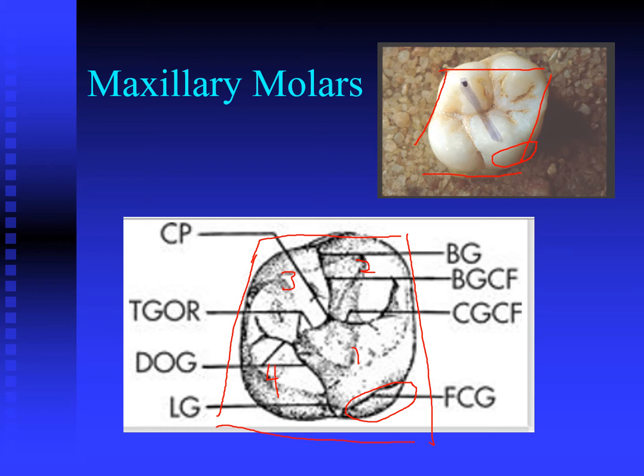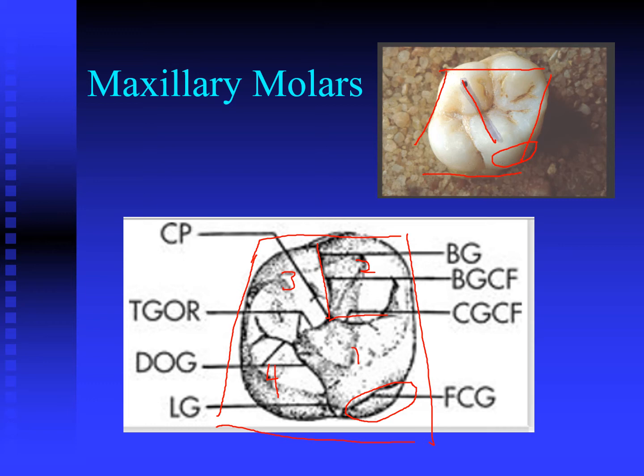It has prominent developmental primary grooves. You have a buccal groove, you have a central groove here that separates the mesiobuccal and mesiolingual cusps. You have this very, very prominent oblique ridge on a first molar, and remember that the oblique ridge is not the union of two triangular ridges.